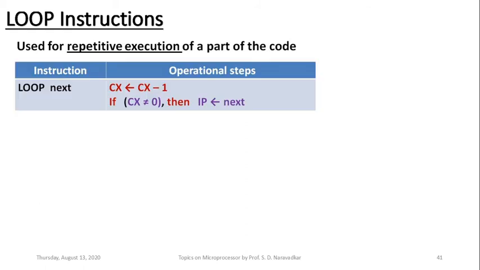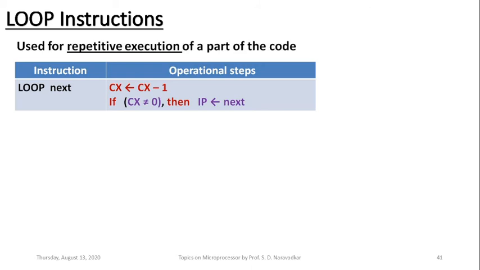There are a total of 4 loop instructions possible. Out of that, the basic loop instruction is appearing on your screen: LOOP, next. Next is the label. What happens here? The operation is written on the right side. Whenever the loop instruction gets executed, first of all the counter is decremented by 1, CX minus 1 copied to CX.